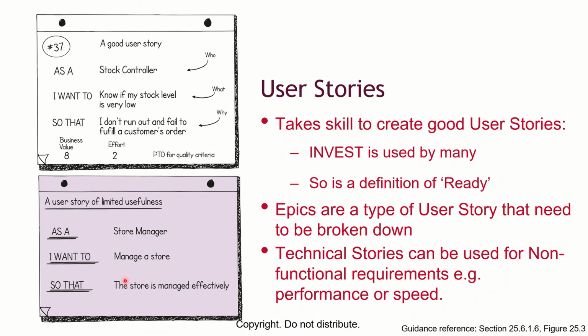Why? Because the one up talks about what you actually want. You want to know the stock level. Managing a store involves a lot of things. Then, so that the store is effectively managed, that is also very wide.